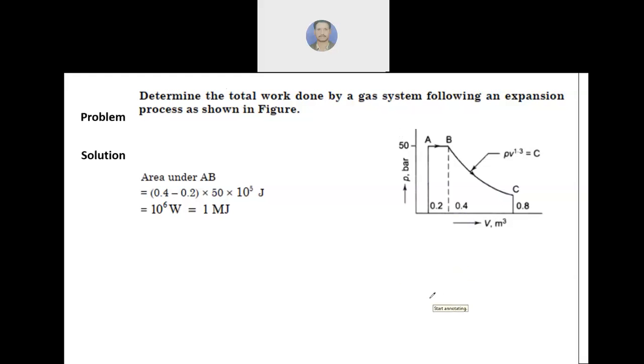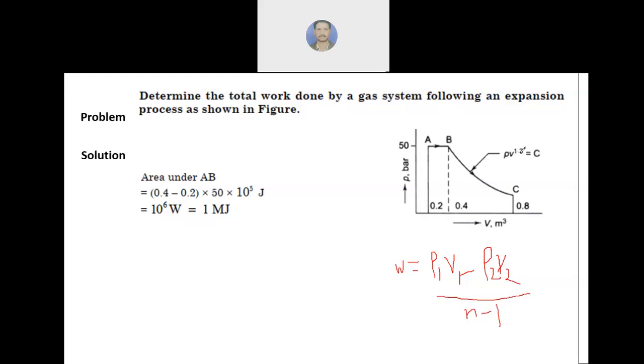This is a polytropic process, so work done will be P1 V1 minus P2 V2, divided by n minus 1. This is the work done for a polytropic process.